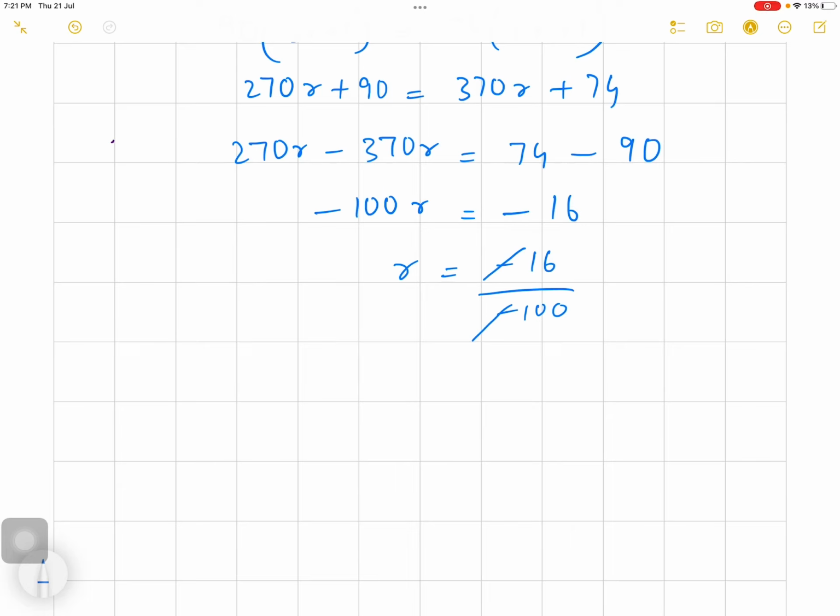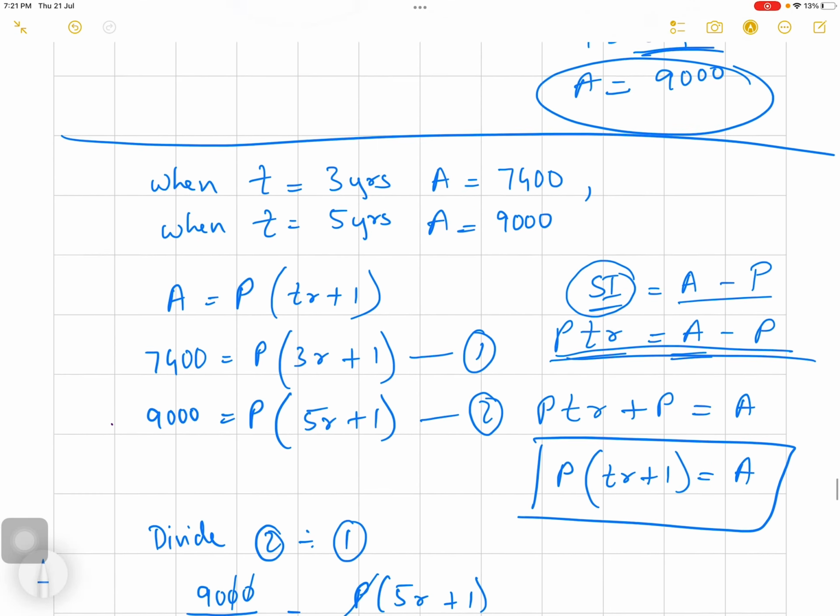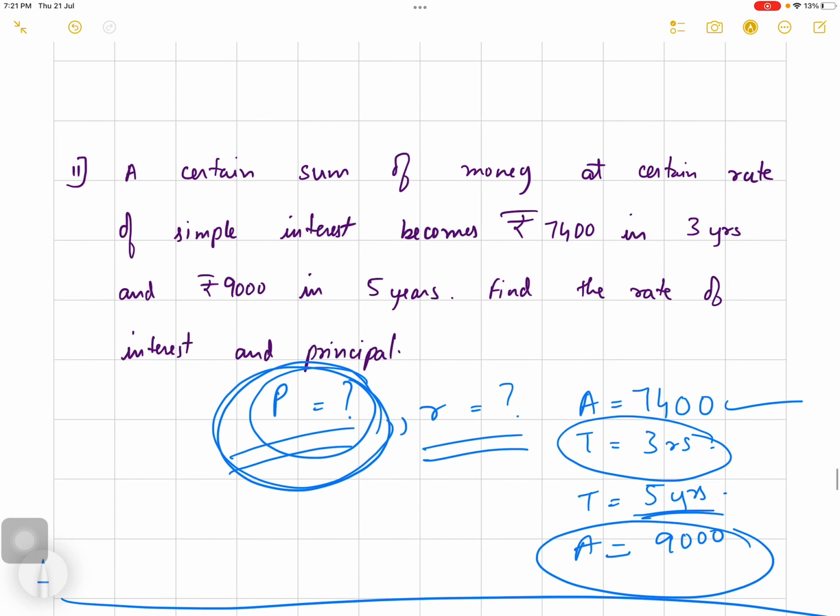That means my rate of interest R is 16%, or 0.16. Mark this also as important.